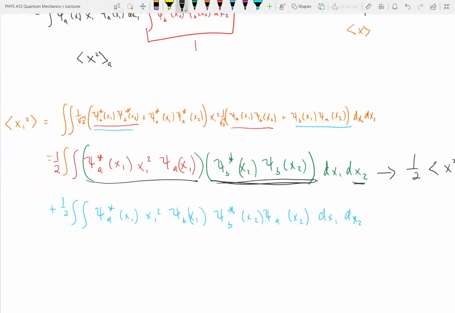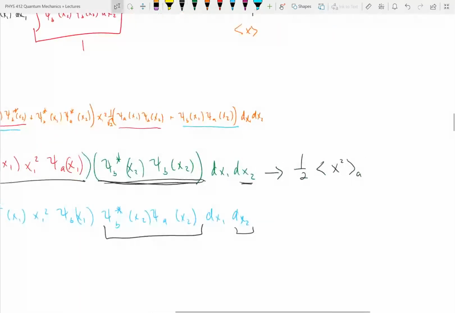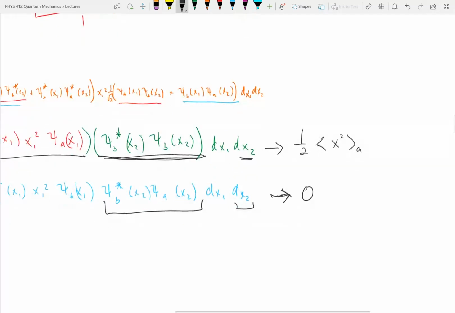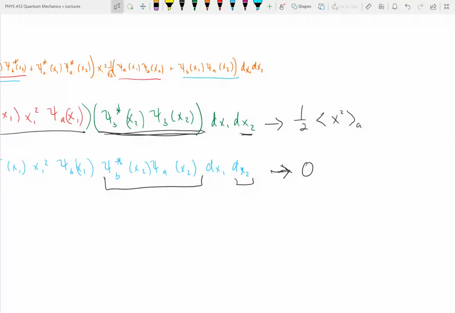Now in the second one, what am I going to get for this integral? Since they're in different states, should it be 0? That's correct. That's the whole thing I wanted you to see. They're in different states, so we have orthonormality. The orthogonality means that one's 0. Yay!